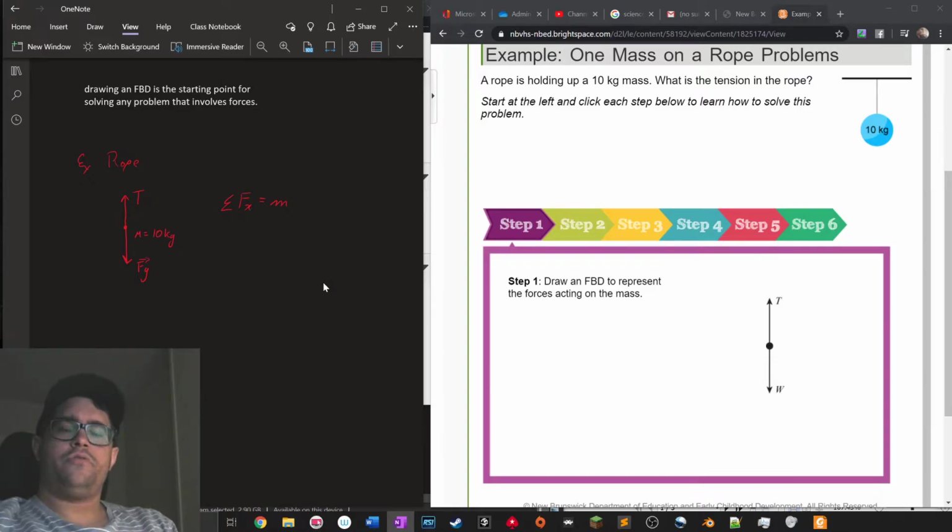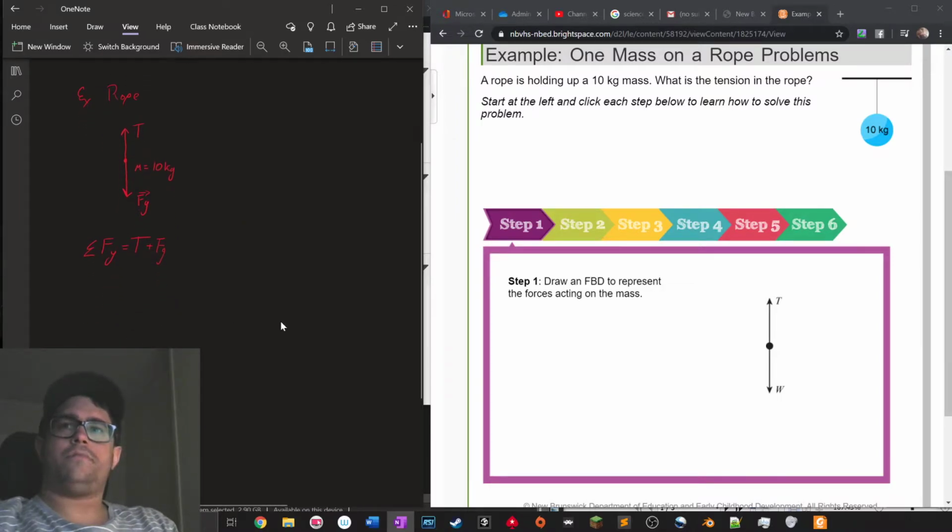So the sum of the forces in Y is equal to the tension plus the force of gravity. Both of these things are equal to ma.